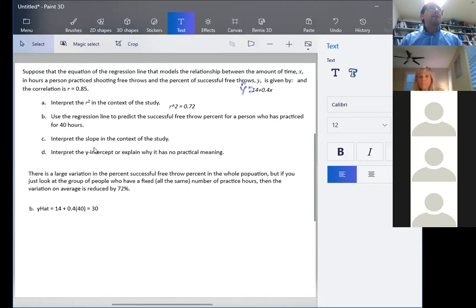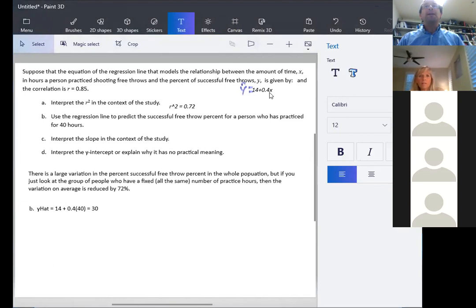Looking for a number. Is it the 1 or the negative 1? Yeah, there you go. Stephanie's got it, 0.4. It's the number in front of x.